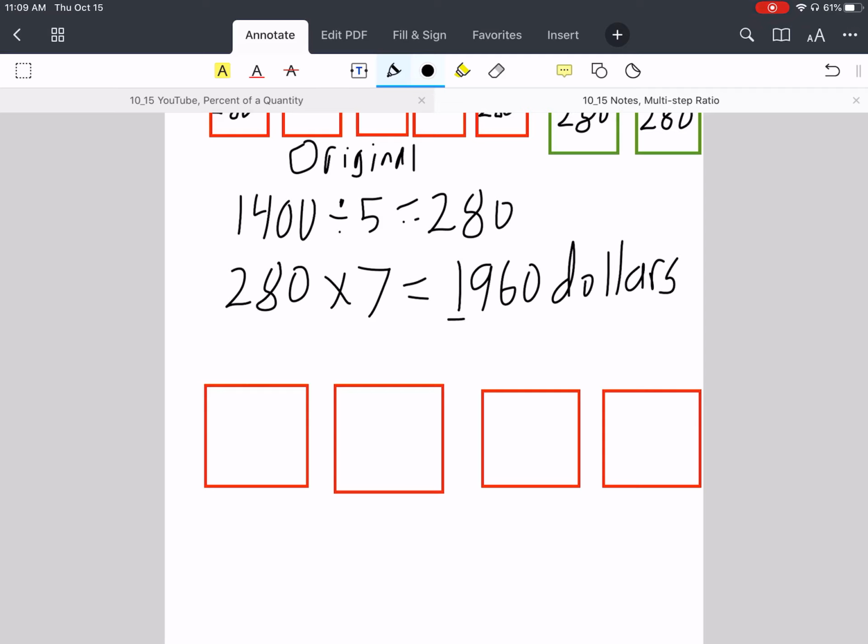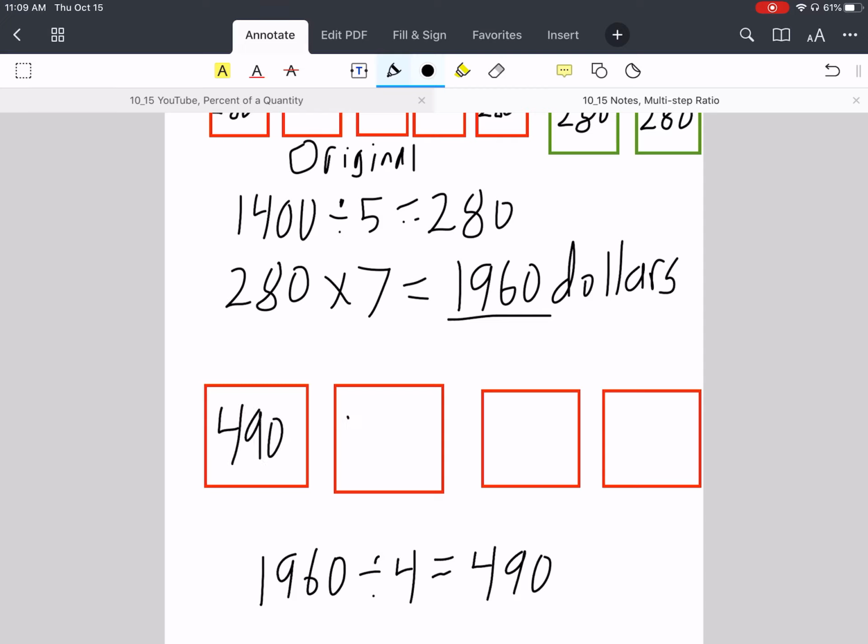So our price is $1,960. We're going to divide that amongst 4 squares. That'll get us $490 per square.